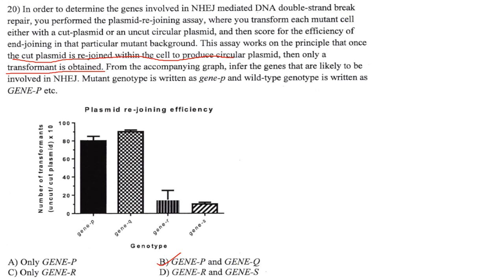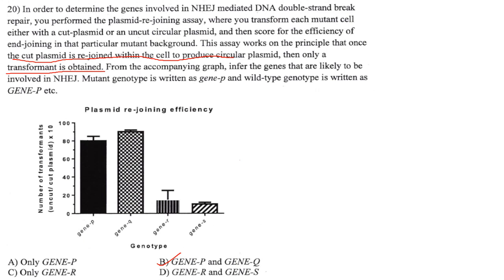This assay works on the principle that once the cut plasmid is rejoined within the cell to produce circular plasmid, then only transformant is obtained. From the accompanying graph, infer the genes that are likely to be involved in NHEJ.